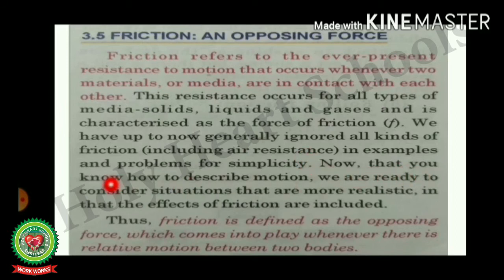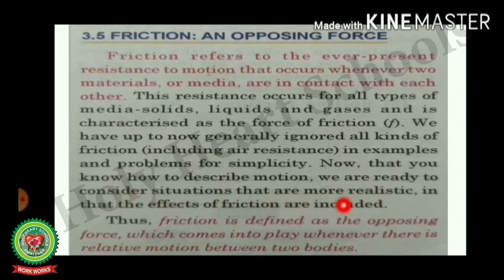Now that you know how to describe motion, we are ready to consider situations that are more realistic, in that the effect of friction is included. What is the definition of friction?